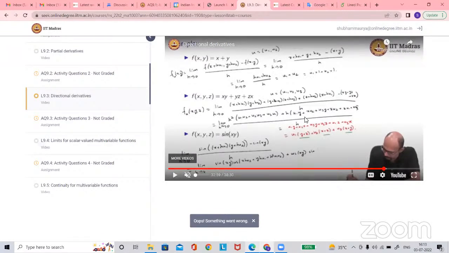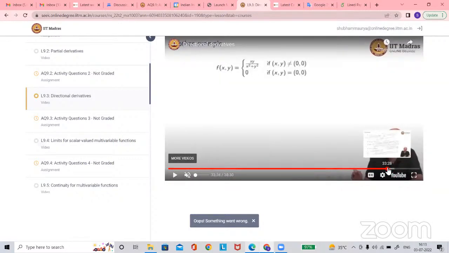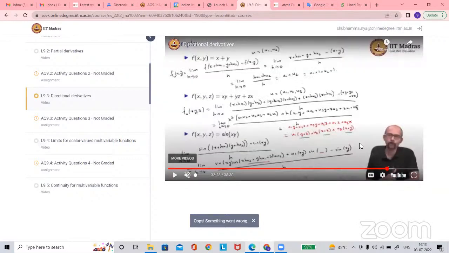I got sine xy of some very big expression, so how can we conclude the final answer? Sir didn't complete it, he just wrote it. Then how do we get the zero, I don't know.